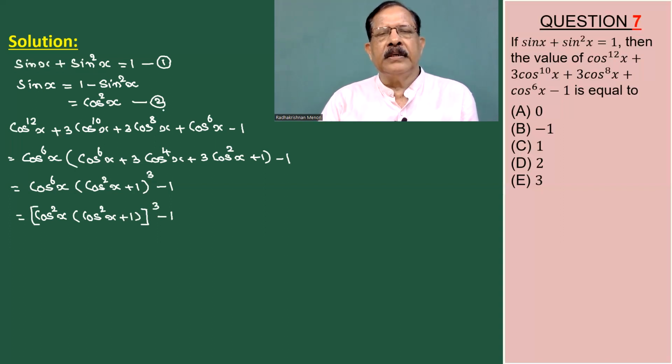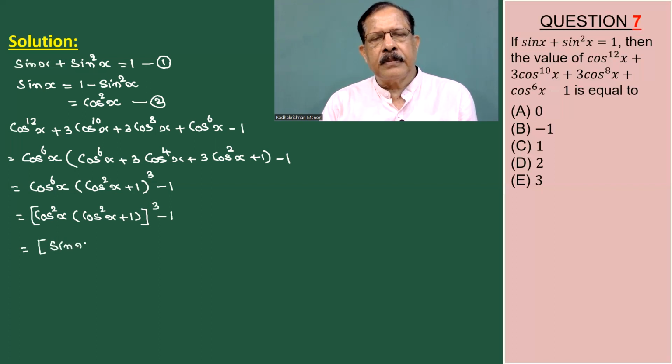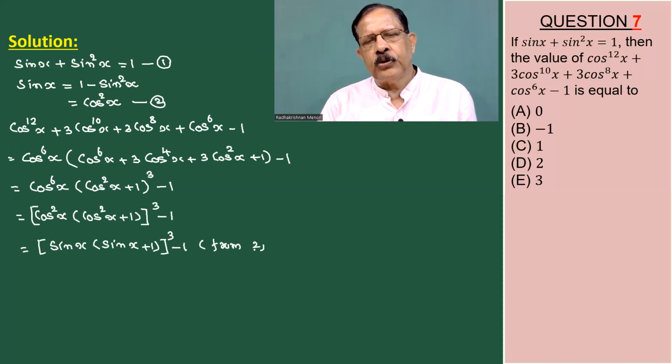Now I am using the result, equation 2. Instead of cos squared x, I am writing sin x. So it is sin x into sin x plus 1, the whole cube, minus 1, from equation 2.